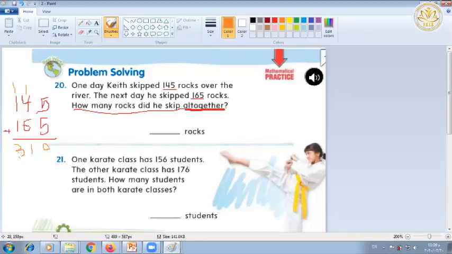So the sum I have is 310. So how many rocks did he skip all together? 310. Good job.